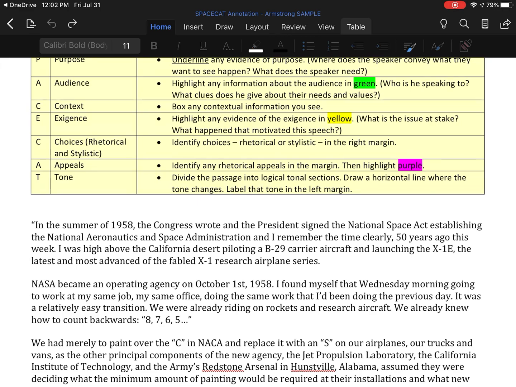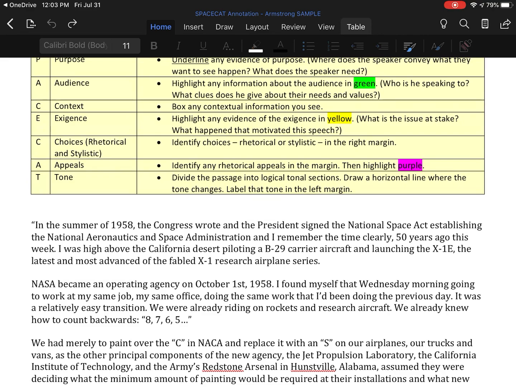So it starts: In the summer of 1958, the Congress wrote and the President signed the National Space Act, establishing the National Aeronautics and Space Administration, and I remember the time clearly. 50 years ago this week, I was high above the California desert piloting a B-29 carrier aircraft and launching the X-1E, the latest and most advanced in the fabled X-1 research airplane series.